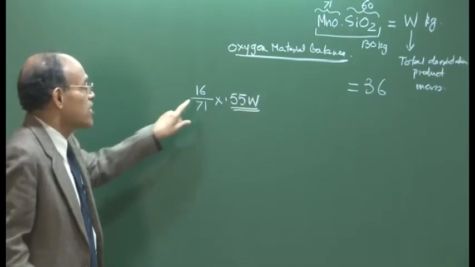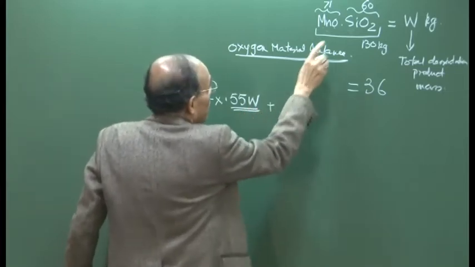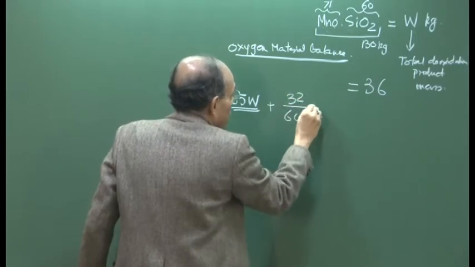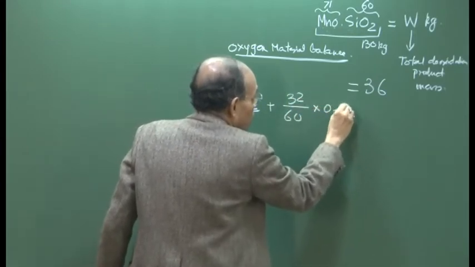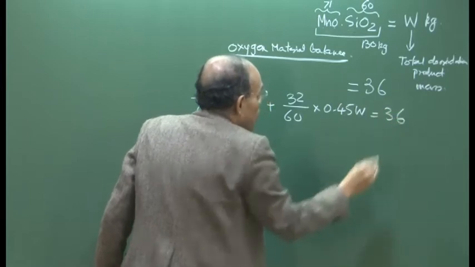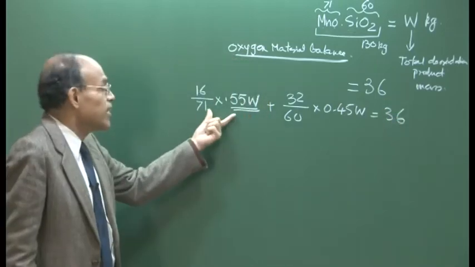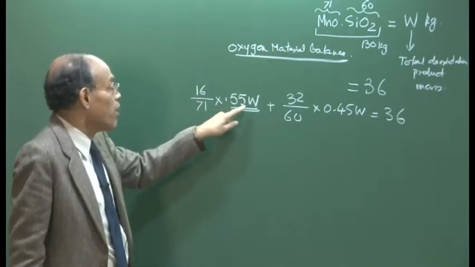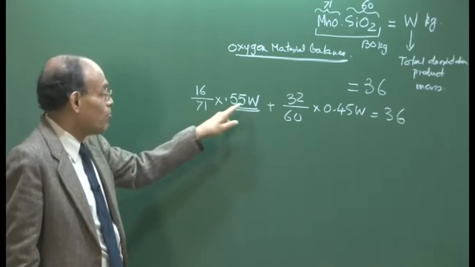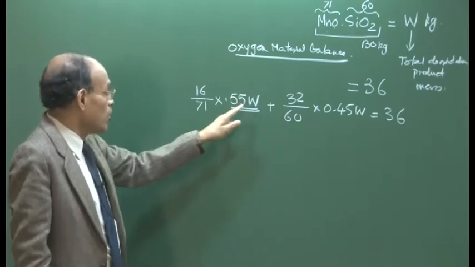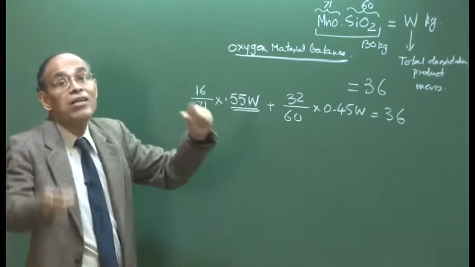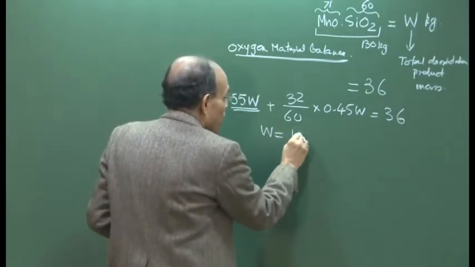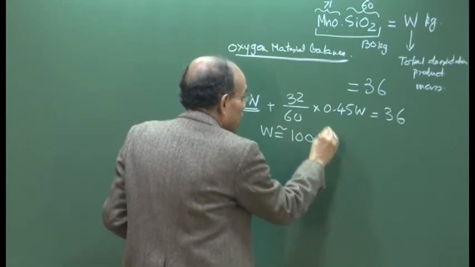Then in 60 we have total oxygen of 32, multiplied by 0.45 W, and that must be equal to 36. So, in 71 kg we have 16 kg of oxygen, and 0.55 W is the total MnO which is formed, because W is the weight of the total deoxidation product. If you solve this, we find approximately 100 kg of deoxidation product forms.